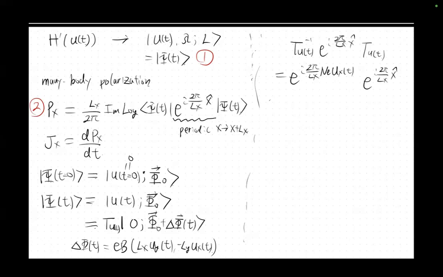But then there's a remainder part that's interesting. The remainder part is ⟨0, φ + δφ(t)| e^{i 2π/L_x x̂} |0, φ + δφ(t)⟩. What is this part doing?